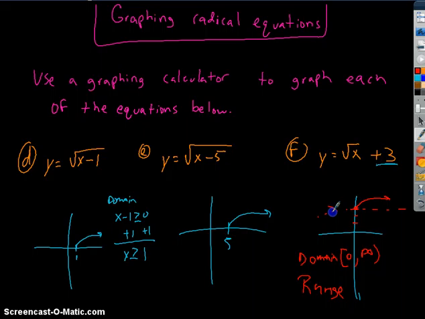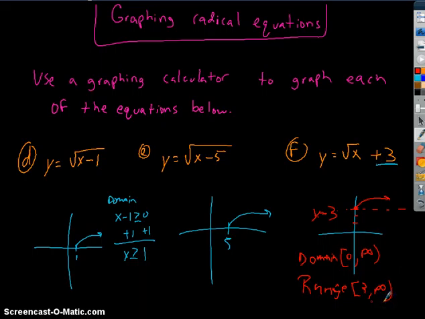It never goes beneath that line. That's the line where y equals 3. So our range goes from 3 to infinity. So that's the basic graph of square root functions.